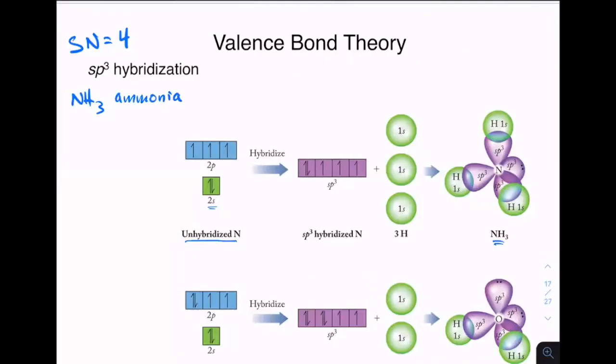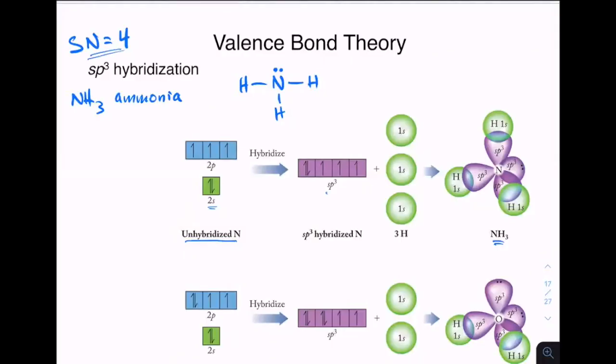Now let's write what nitrogen looks like over here, the Lewis structure, just to convince you that it has an SN of 4. And there it is. There's 4 pairs of electrons. 3 are in bonding pairs and 1 is a lone pair. But now those 4 packets are going to be defined by these hybrid orbitals. We're still going to have sp3 hybridization because it's SN of 4.